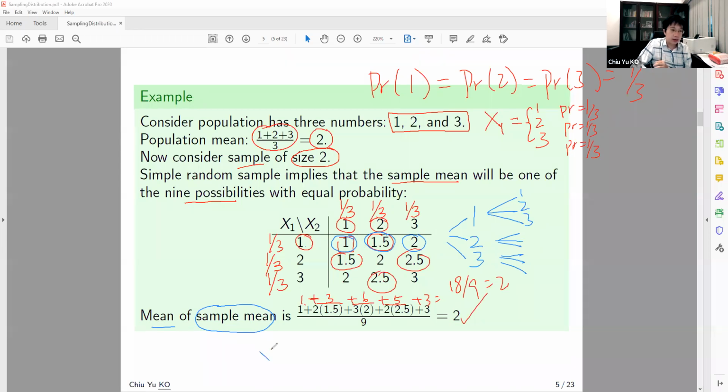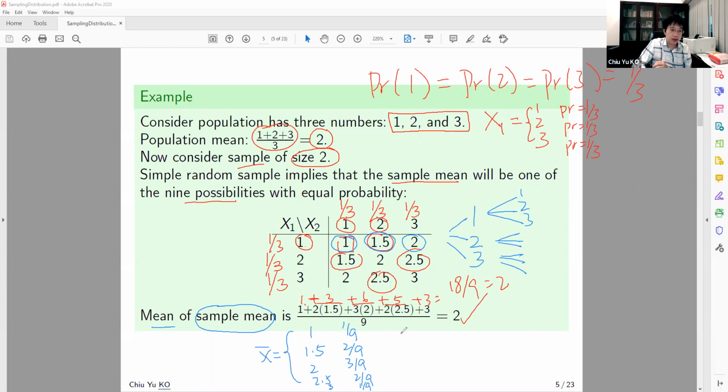So the sample mean, the random variable, is 1 with probability 1/9, okay? 1.5 with probability 2/9, 2 with probability 3/9, 2.5 with probability 2/9, and the last is 3, with probability 1/9, okay?